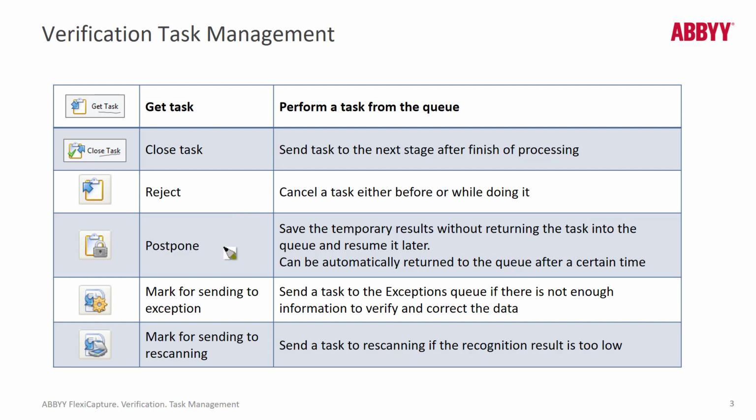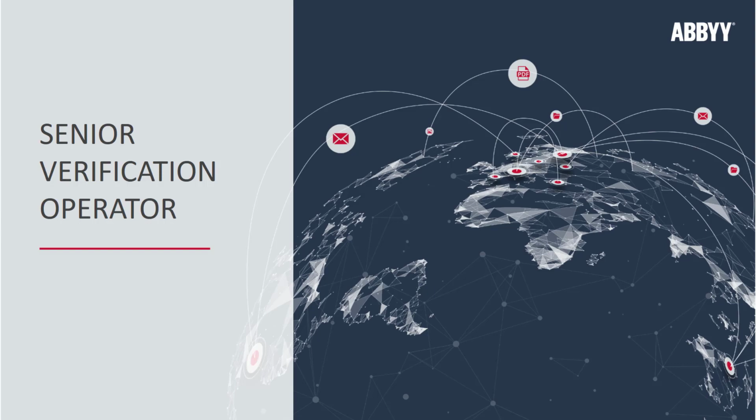You can postpone a task if you are hot and heavy in a given task and you need to go to lunch. You can postpone it and it will be waiting for you when you return. You can also mark a task to be sent to exception upon closing. So first you mark it for sending to exception, then when that task is closed, it will go there next. And similarly, you can send to rescan.